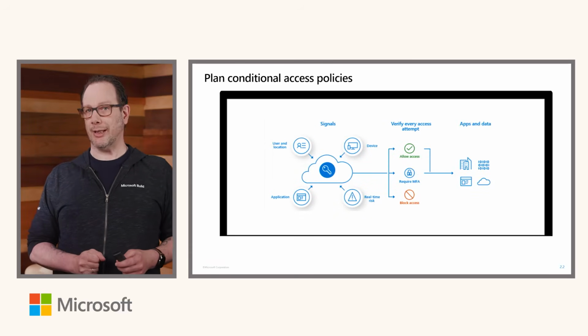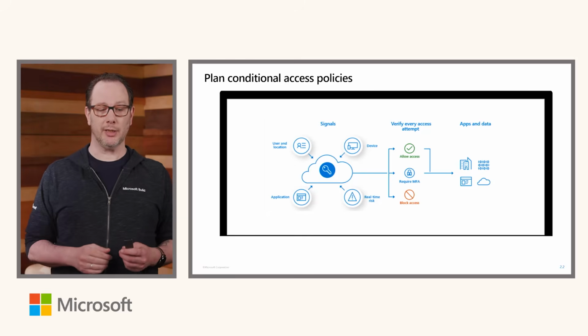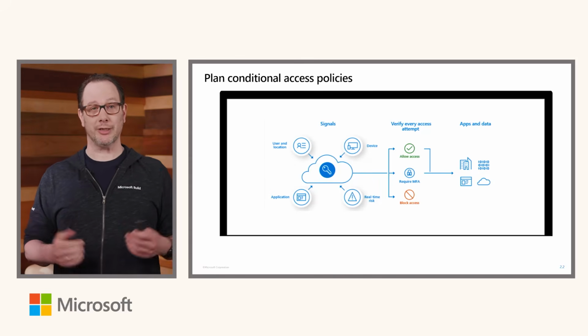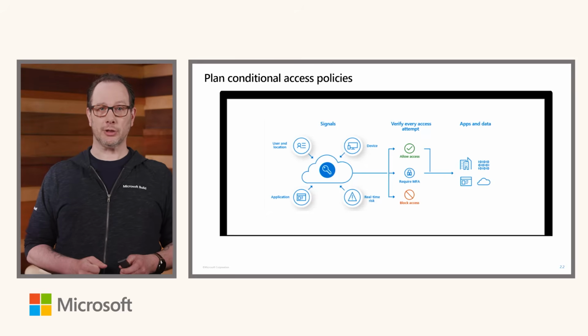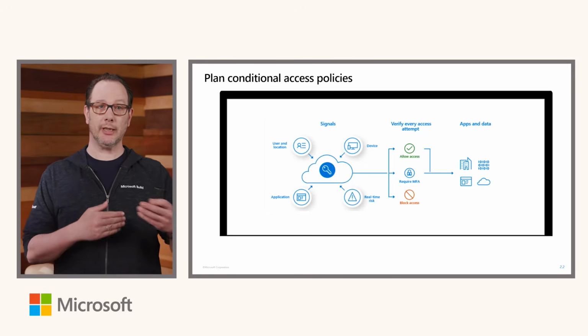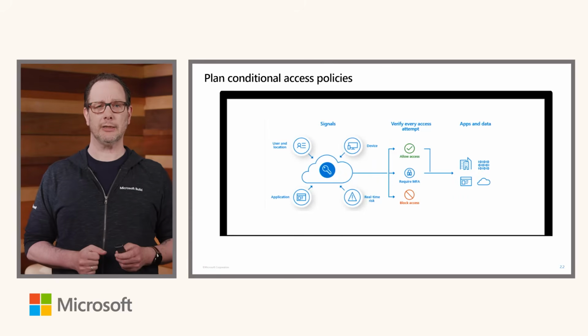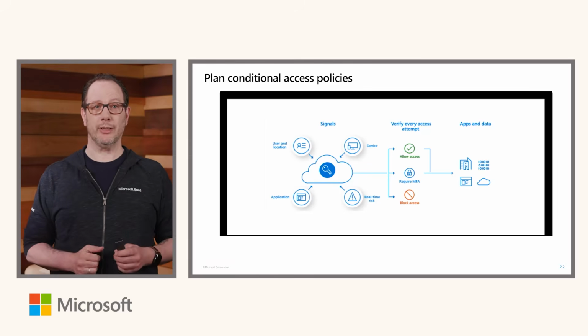Apart from the discussed MFA, the other security optimization for authentication is CA or conditional access. This provides an additional layer of protection before allowing authenticated users to access the data or applications in the tenant. Some examples of conditions you can configure are IP address ranges.